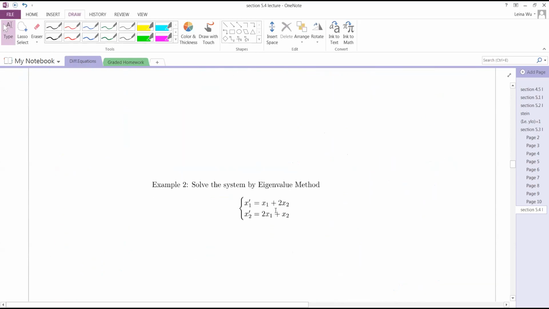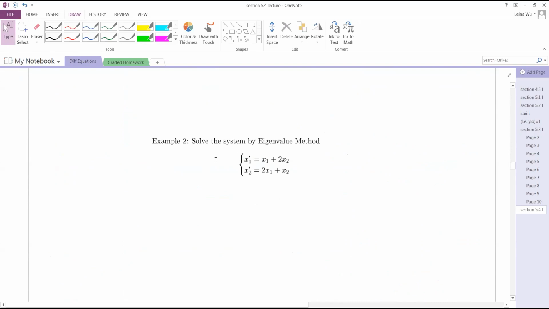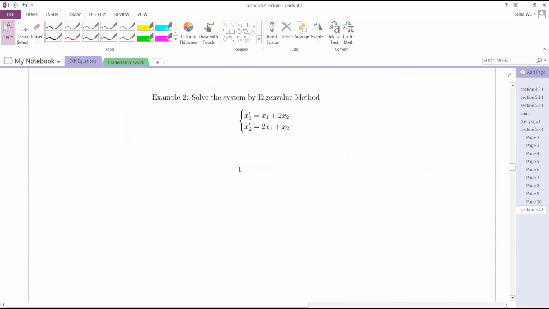How's that? Yeah, perfect. So example 2, solve the system by the eigenvalue method. All right, first of all, let's rewrite this into a matrix equation. Let our unknown x contain 2 entries, x1, x2.